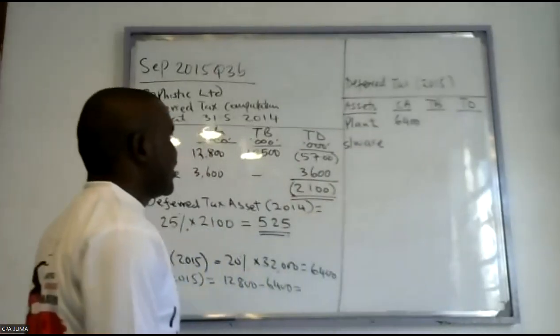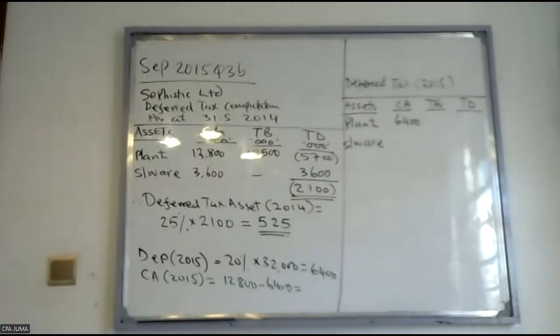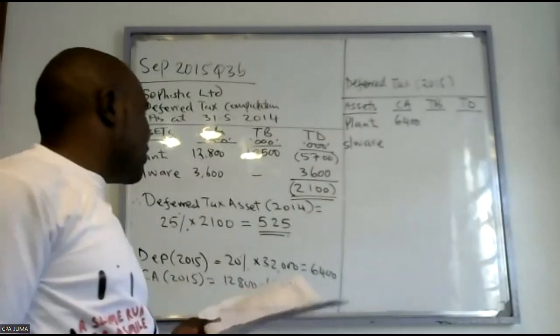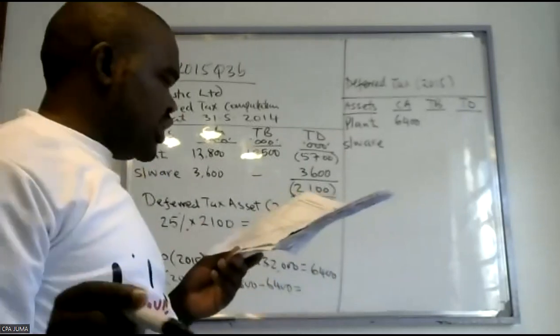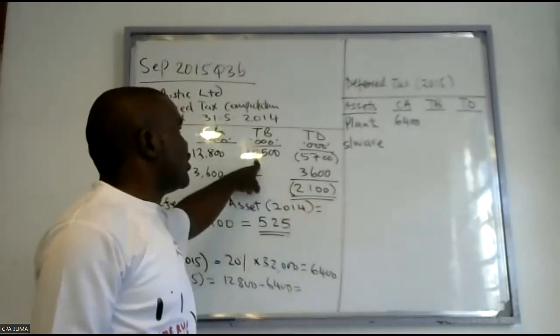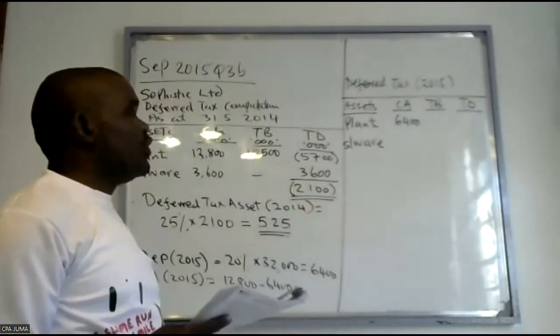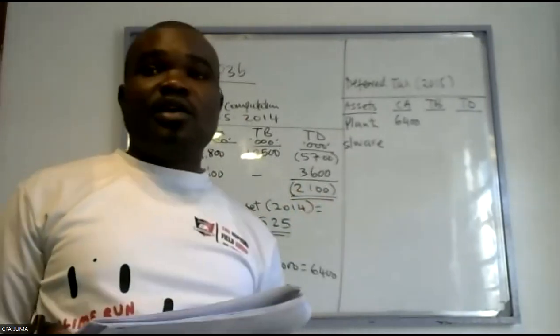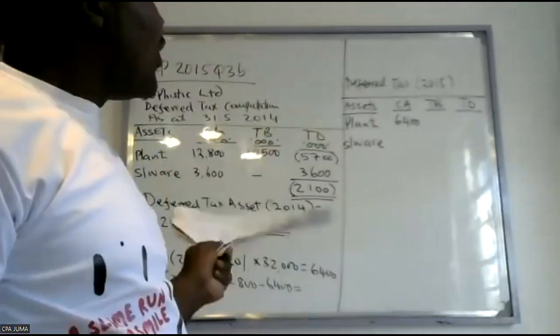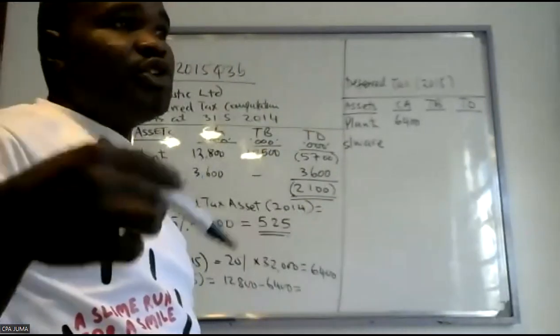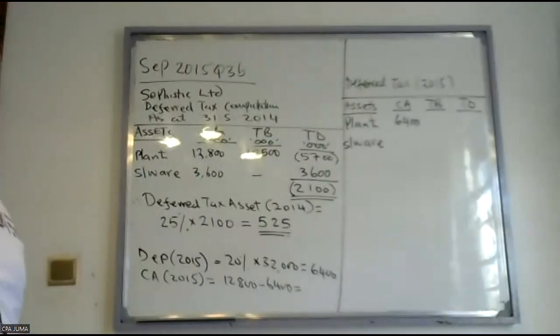Tax base is the written down value. The written down value for 2014 was 18.5. We need to subtract the wear and tear. For tax base, you take the cost minus the wear and tear.